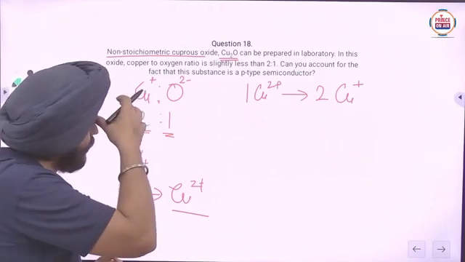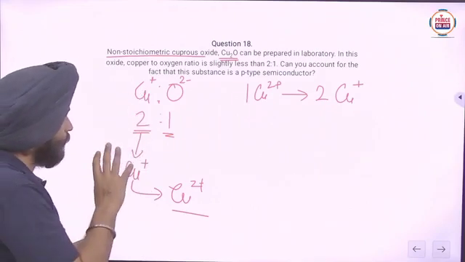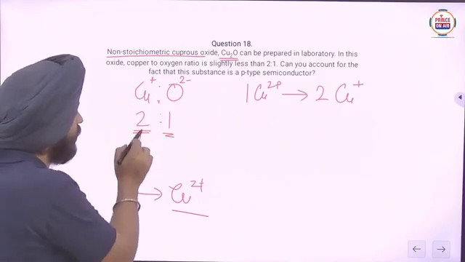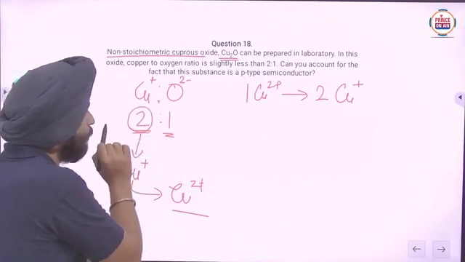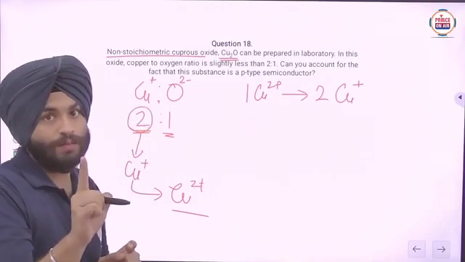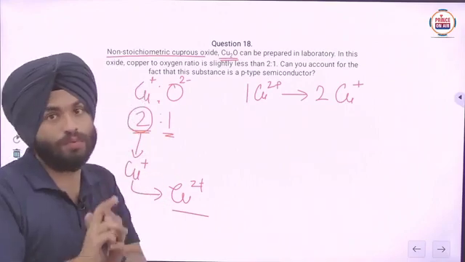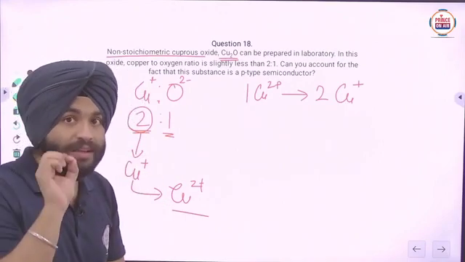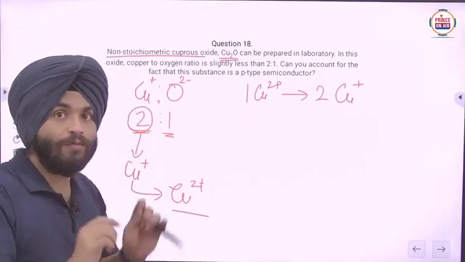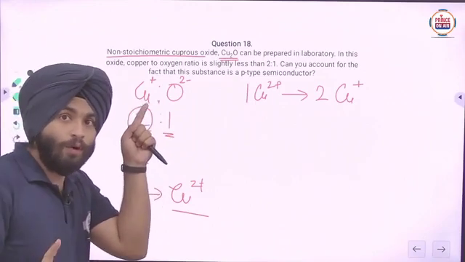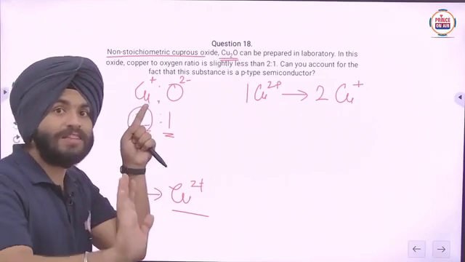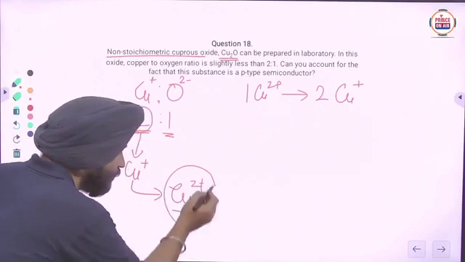Okay, so in that way, what they are saying is that the ratio of copper ions is not 2 here, it is less than 2. So it means that some of the copper 1 positive ions are just replaced by copper 2 positive ions.